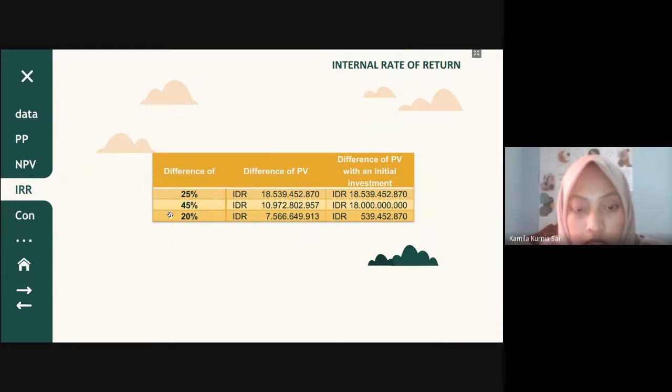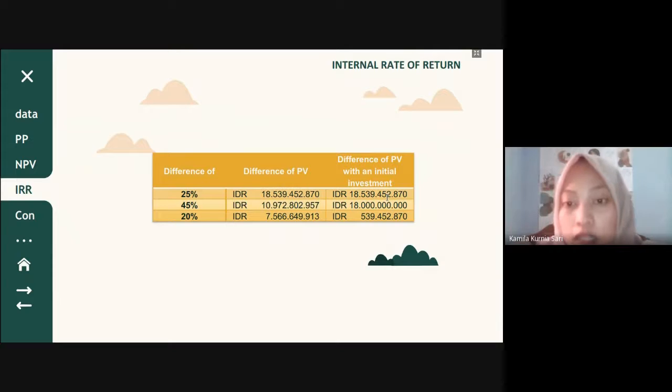For the third row in the first column, we have 20%, which comes from 45% minus 25%. For the third row in the second column, it is the difference of the present value for these two required profits, so we get this value.